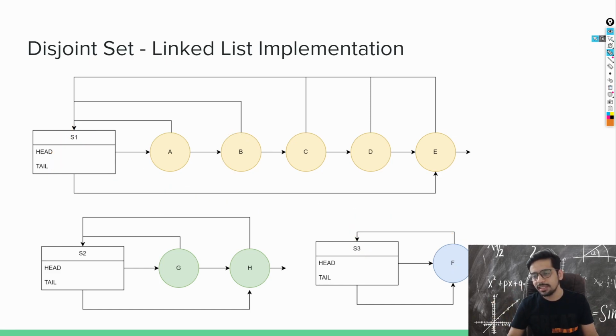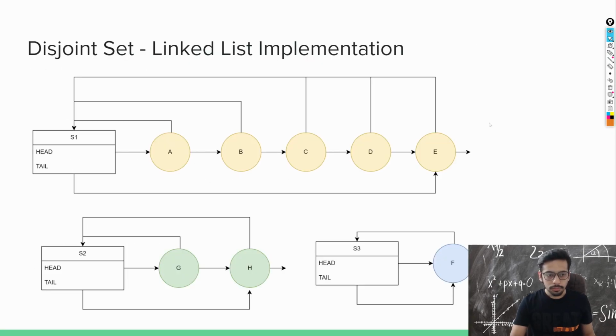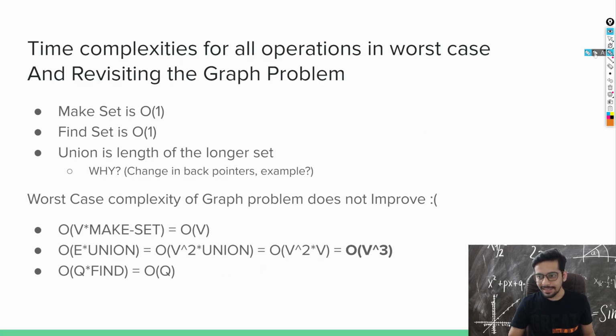Let's try to revisit the initial graph problem again. We don't have a problem with make set, it's very fast. Find set is very fast, but union costs the length of the longer set, and it is going to be big O of n in the worst case. Because what can happen is you have a set of size 1 and another set of size 1, you union them, and you get a set of size 2.